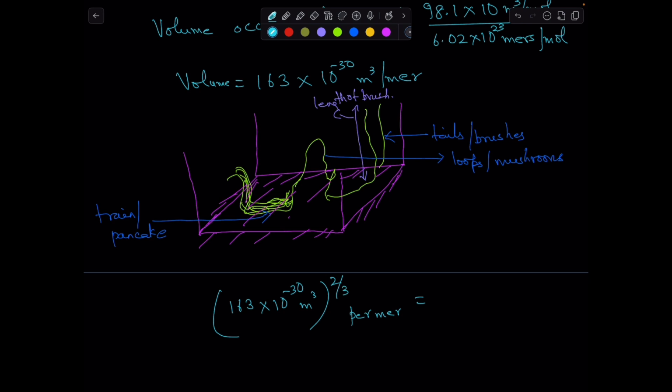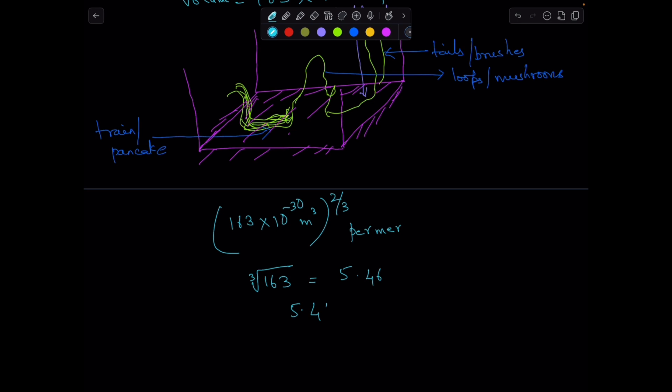That comes to the cube root of 163, which is 5.46, and if you square 5.46, we get 29.84.